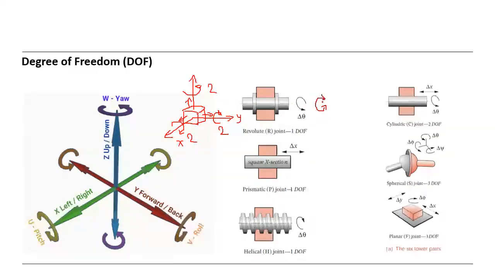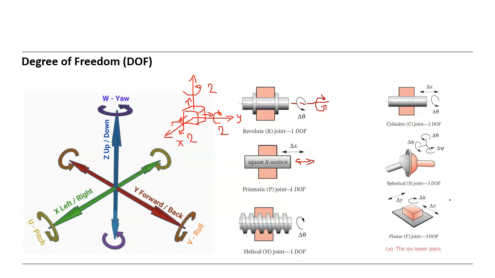Of course, it could be left and right, doesn't matter. So around the axis here. So if we have a revolute joint, it is 1 degree of freedom. If we have a prismatic joint like this, it can move left and right here. Prismatic joint. This is translation. This is rotation.